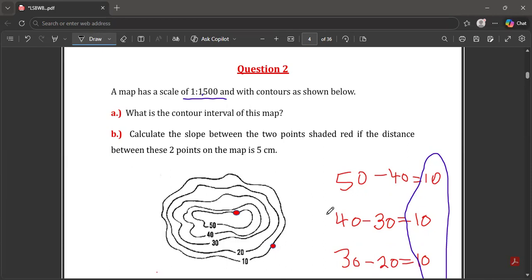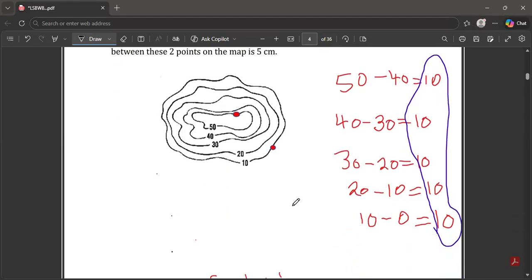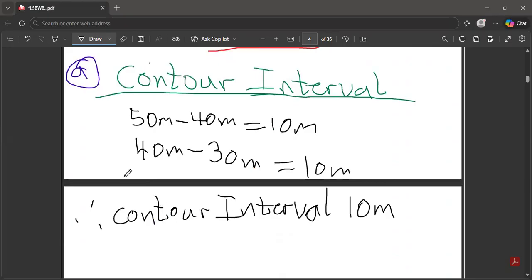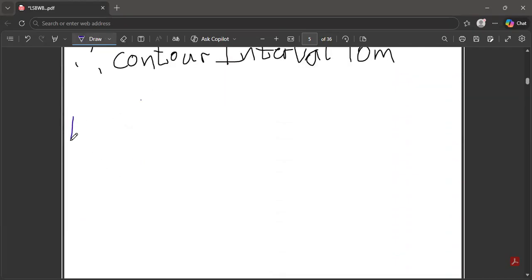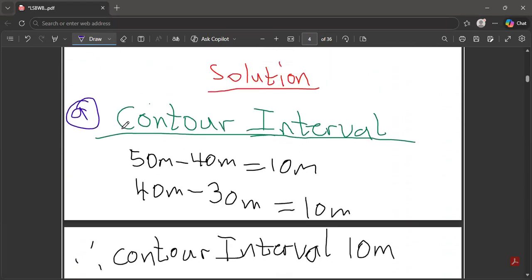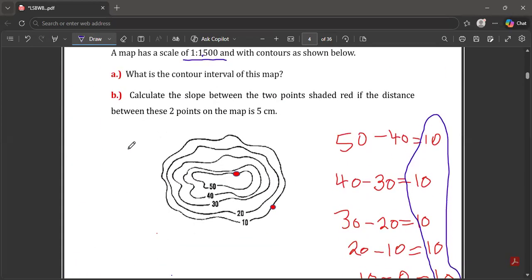Let's quickly look at question 1B and see how best we can solve it. So this is our question.